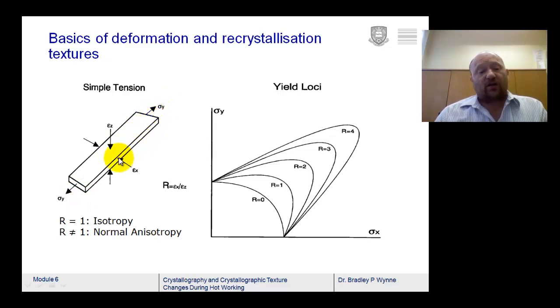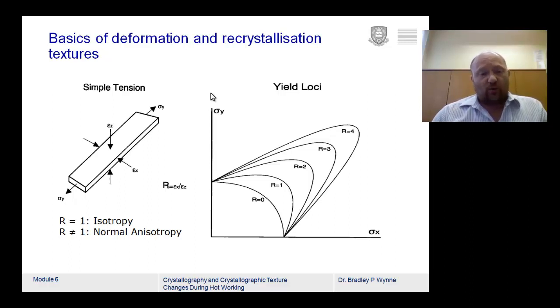As I pull it, the material is going to contract in the direction epsilon x and contract in the direction epsilon z. So effectively I have a contraction strain epsilon x in the width direction and a contraction strain in the thickness direction epsilon z. We then define the Langford coefficient R as equal to the ratio of the contraction strain in the x direction divided by the contraction strain in the z direction.